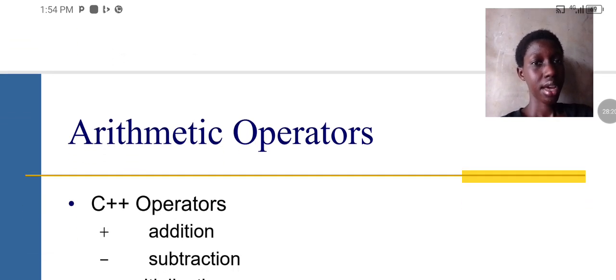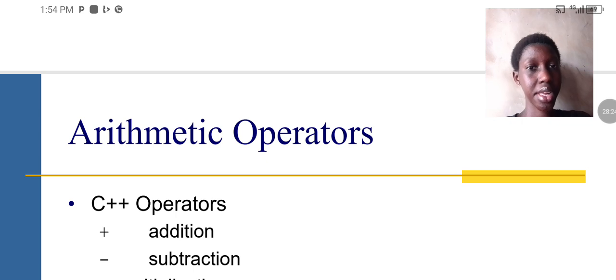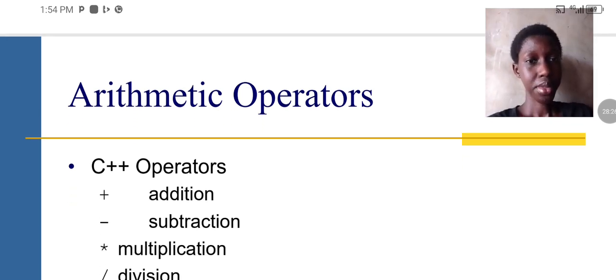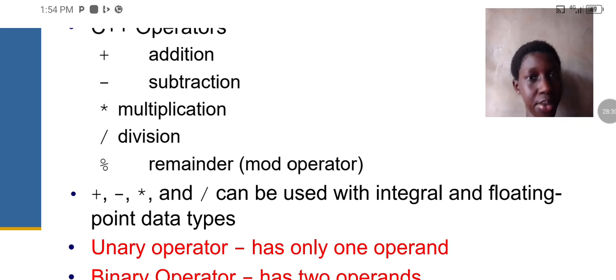For the arithmetic operators in C++, we have addition, subtraction, multiplication, division. This percentage sign we see here is known as the modulus operator, or the remainder. They can be used with integral and floating point data types.